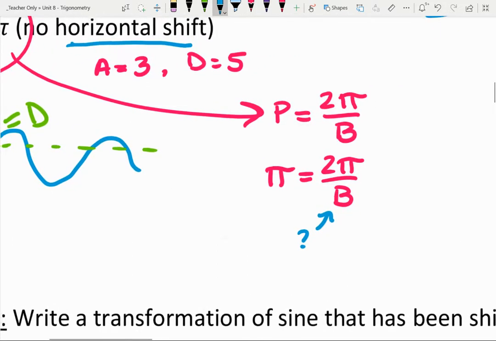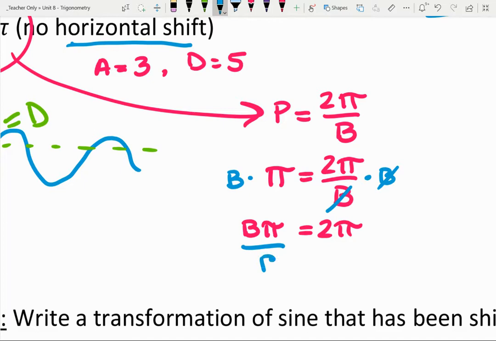So a couple of algebraic strategies here. I think we should get b out of the denominator by multiplying both sides by b. So we reduce on the right-hand side and we get b pi is equal to 2 pi, and then to completely isolate b, oops, not divide by b, divide by pi.